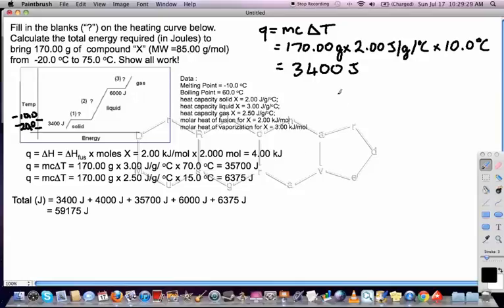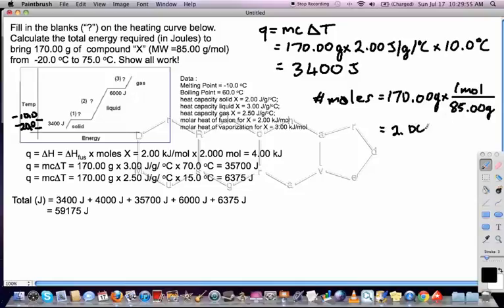So the number of moles is 170.00 grams times 1 mole over 85.00 grams, and that's going to come out to be 2.000 moles. Alright, so that's how we're getting that.